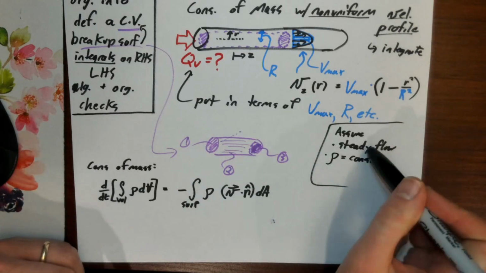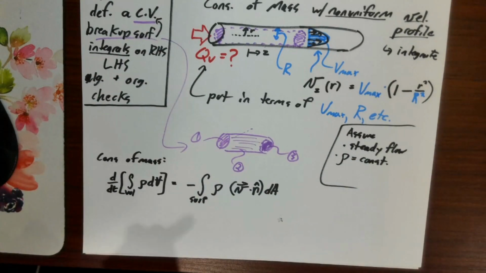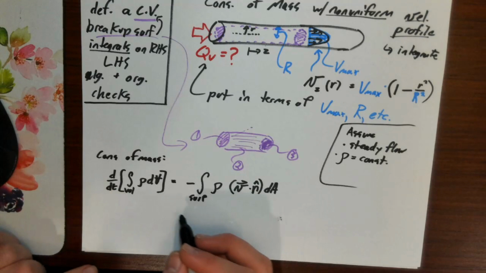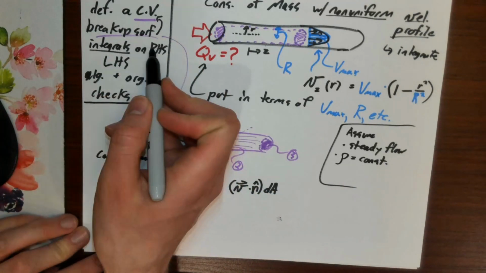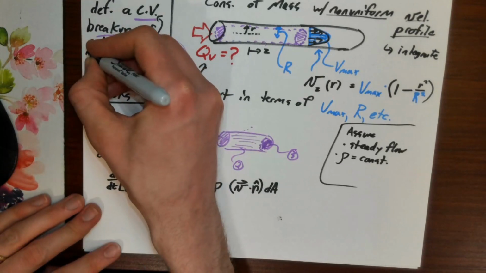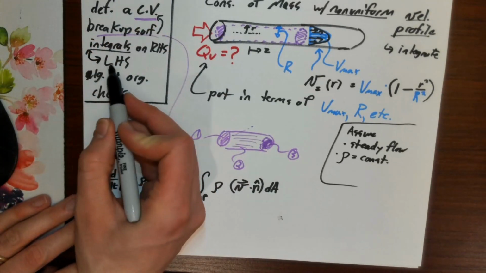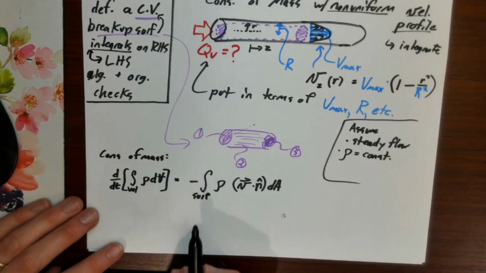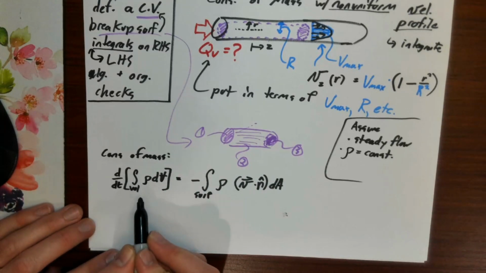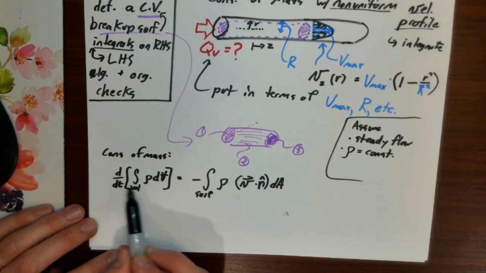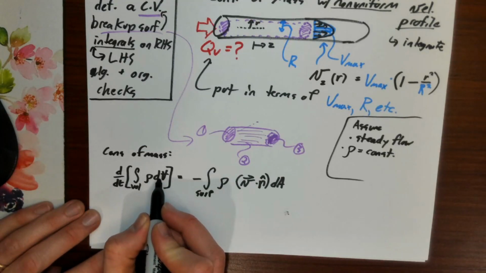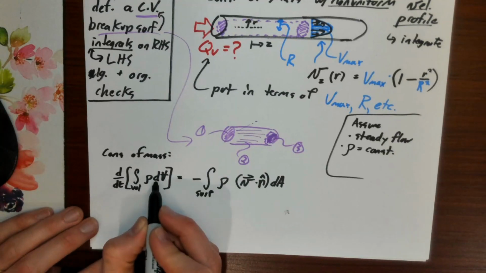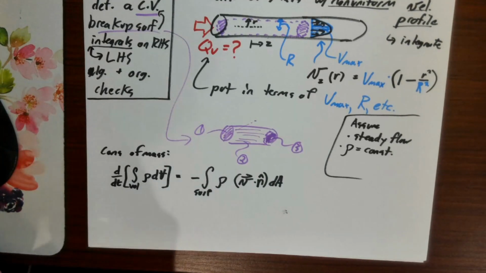So if we have a steady flow, I'm actually going to do things out of order. We were going to deal with integrals on the right-hand side, but I'm going to switch the order and deal with the left-hand side first, so forgive me. But you'll see why this helps us out in just a second. So this left-hand side, this integral of rho dV, is essentially just how much mass.